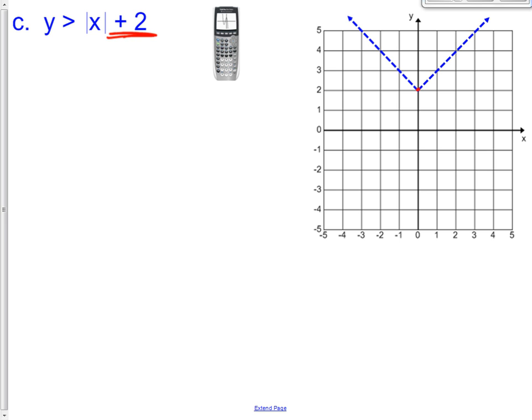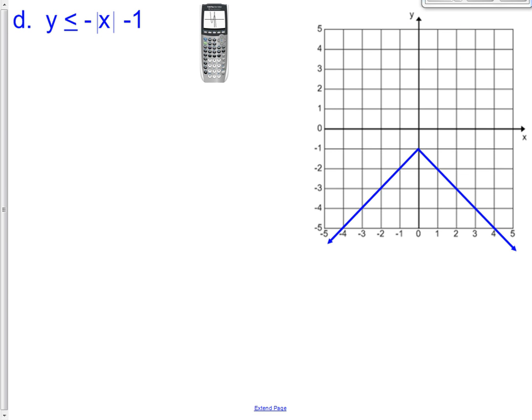Once again, our slope is 1, so it's up 1 over 1, up 1 over 1, so on and so forth. I told you that it's always going to be like that. It's greater than, so that means it's going to be a dotted line. And it is greater than, so as far as our shading is concerned, once again, we shade everything above the vertex. So everything right in there. And that's what you should have got for problem letter C.